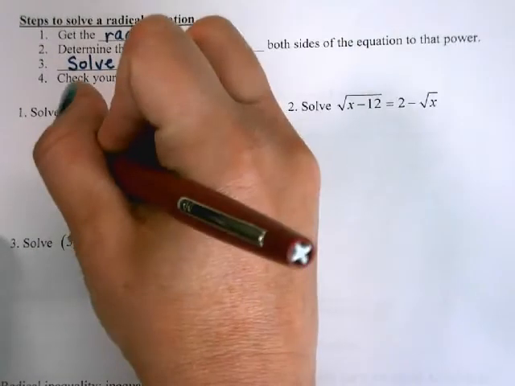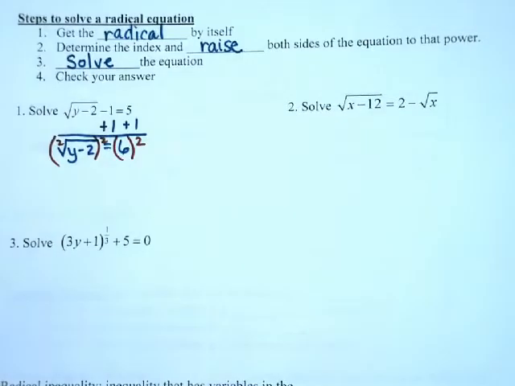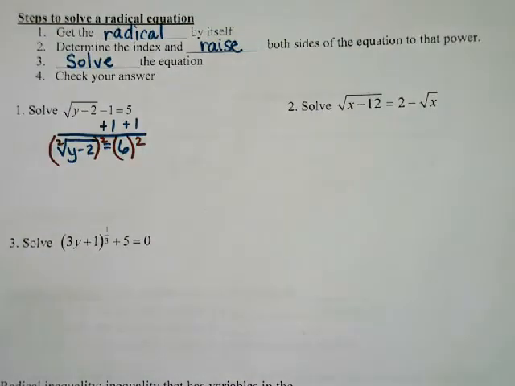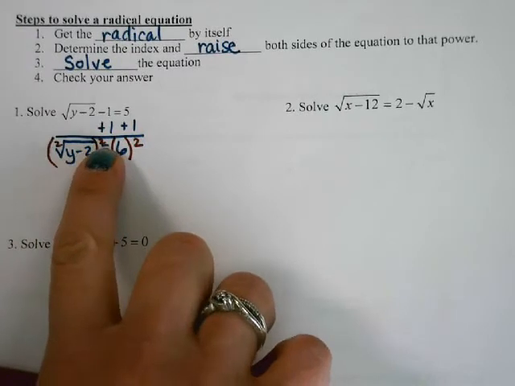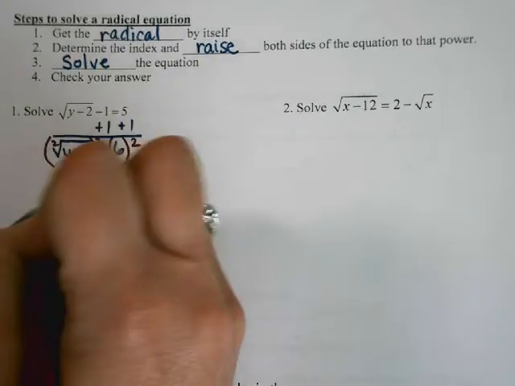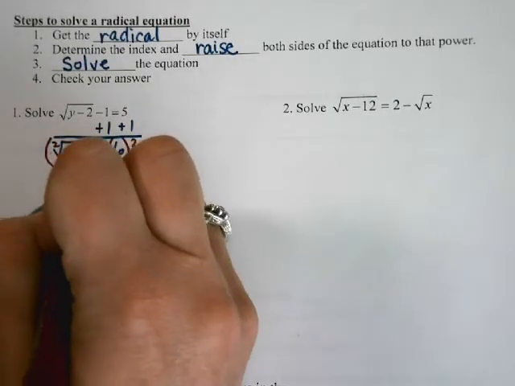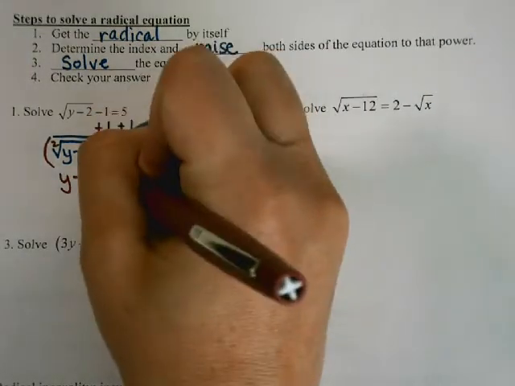So now I'm going to raise both sides of my equal sign to the second power. I can't do it to one side, I have to do it to both. So raising the square root to the second power undoes that, right? So I'm left with y minus 2 equals 6 squared, or 36.